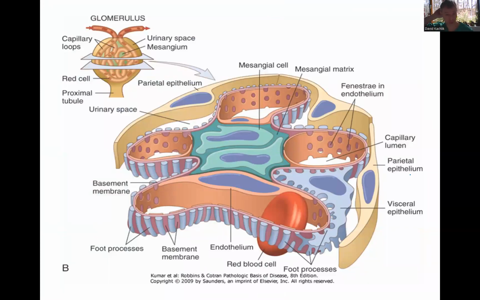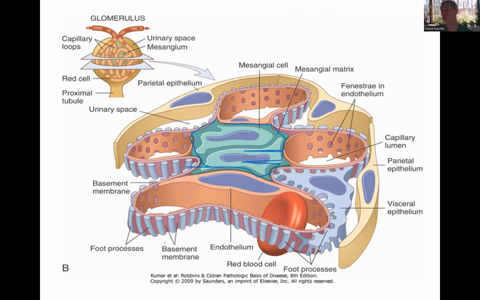So here it is just shown that there is no space between the vessels in the glomerulus, between capillaries, and that the space is filled with mesangial matrix and mesangial cells. Why know about these cells for clinics?